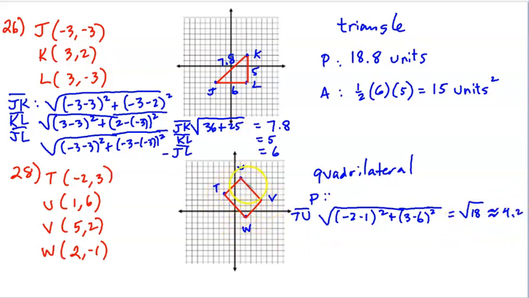All right, and then this distance UV. Let's find out what that distance is. 1 minus 5 quantity squared, 6 minus 2 quantity squared. So this is -4 squared, which is 16, plus 4 squared, which is also 16. That's the square root of 32.